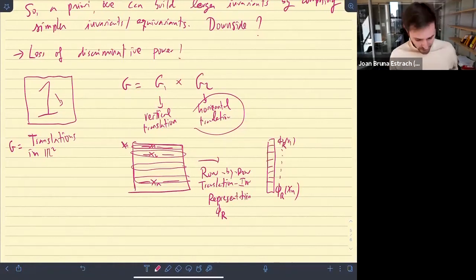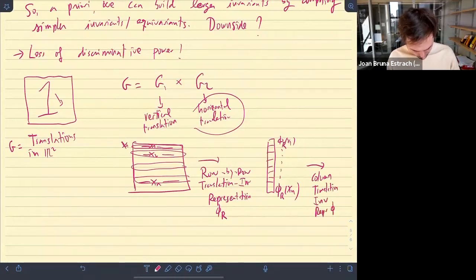And now that I have this, I can follow my composition from before and apply an invariant representation, basically now on the columns, another translation invariant representation, phi c, of all the phi r's.